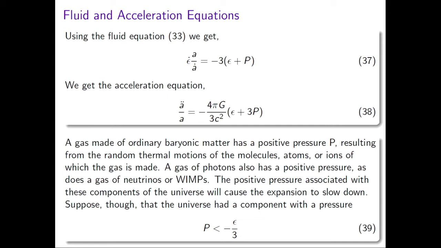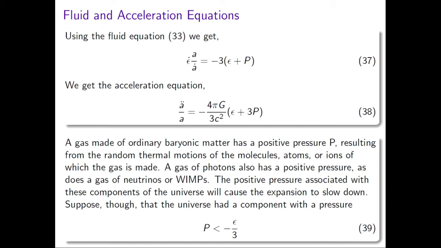They only react under special conditions, that is, they only react to weak interaction forces, and they don't react to any other kind of forces. Neutrinos also come under the category of WIMPs. So the gas of photons also has a positive pressure, as does the gas of neutrinos or WIMPs.